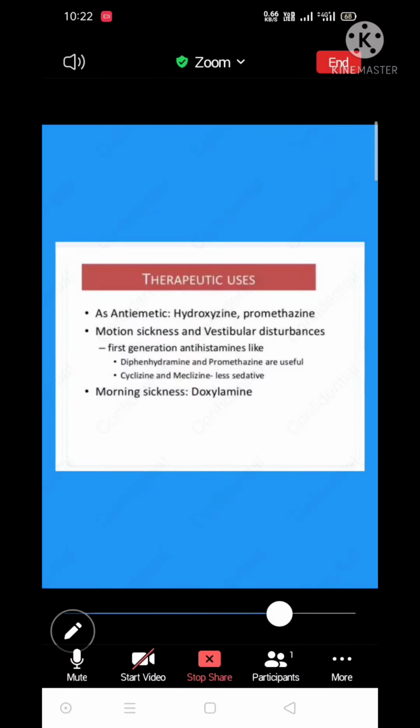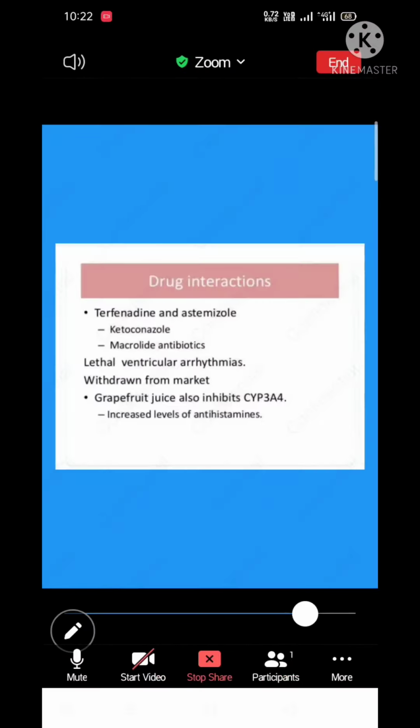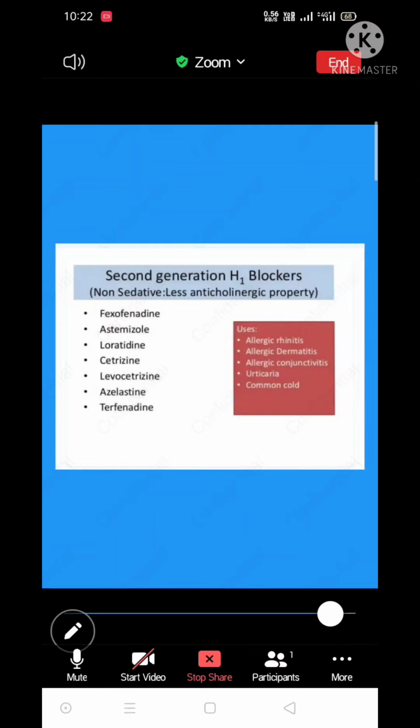Next, here are the uses of second generation. Drug interactions: there are some drugs which interact with histamine and produce some adverse effects. Mechanism of action: general formula of H1 blocker, competitive antagonist.